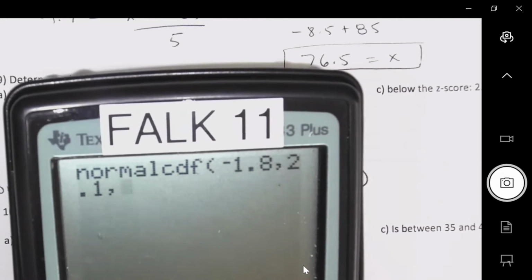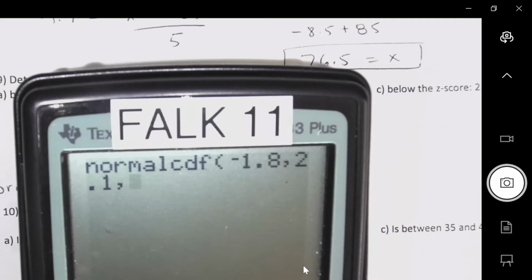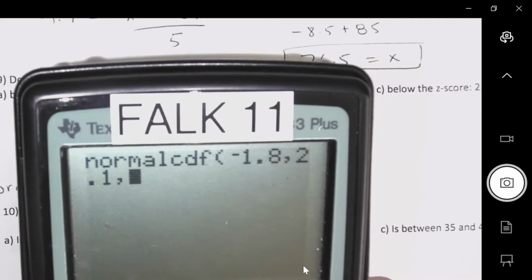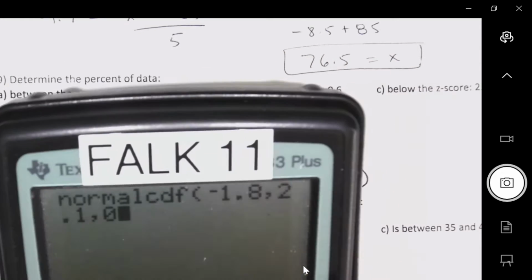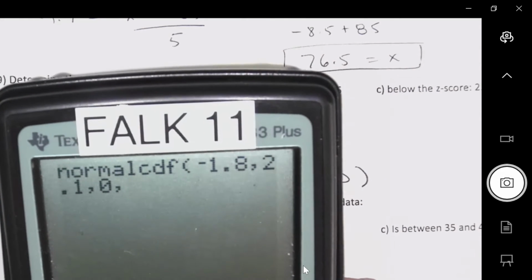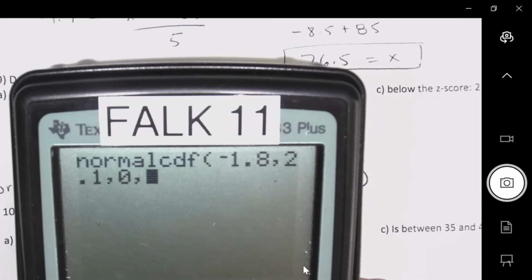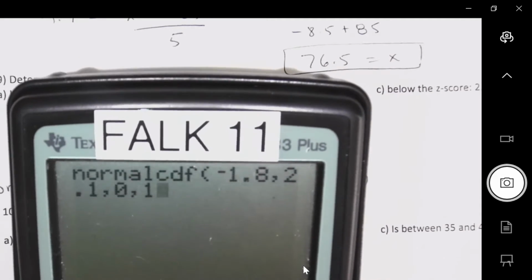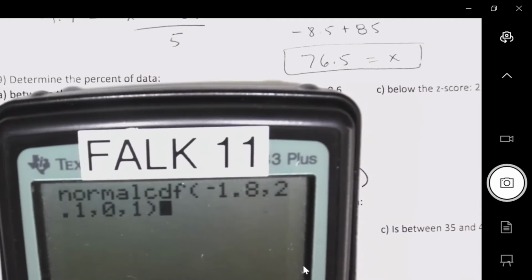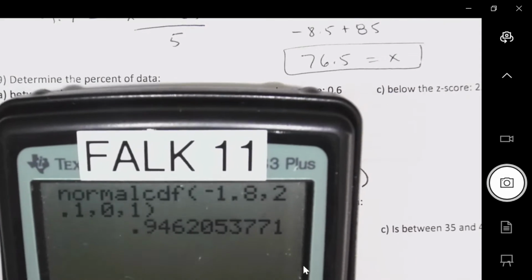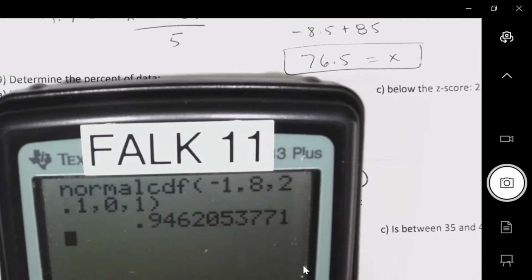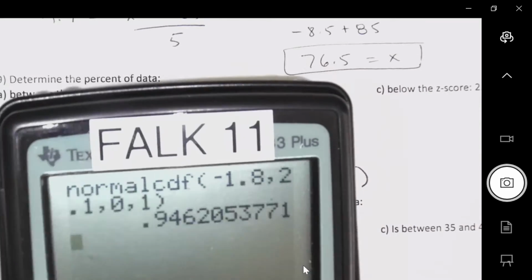And these are z-scores. So what is the mean of a z-score? What's right in the middle of the chart? 0. And what's the standard deviation on the z chart? 1. Right? Because 1 standard, 2, 3. Enter. So 94.6% of the data.